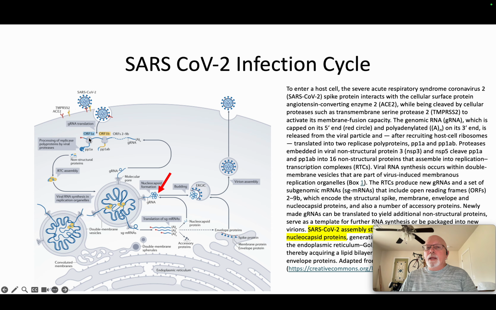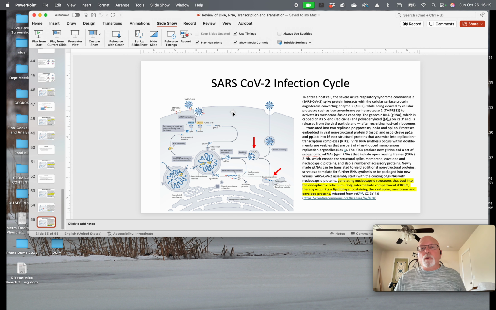That viral RNA is then used to build the capsule that is going to then encompass the viral RNA, and then those virus particles will be exocytosed out of the cell. And so you've basically turned your cell into a factory that creates new copies of the virus. And so that's how infection happens.